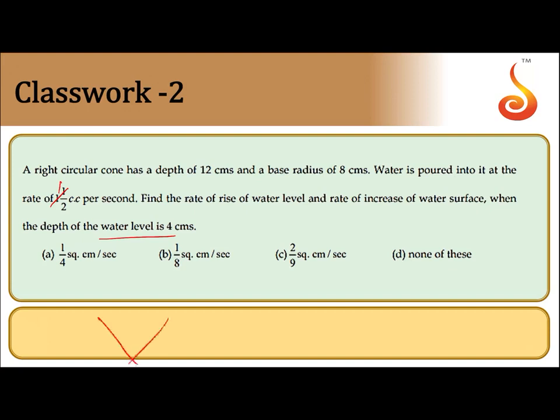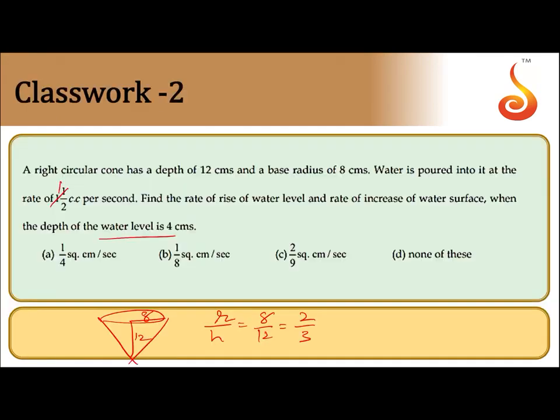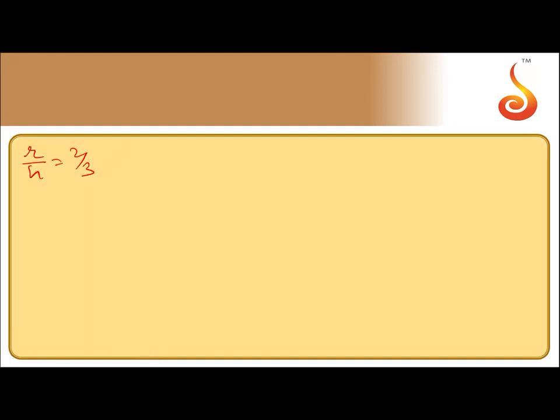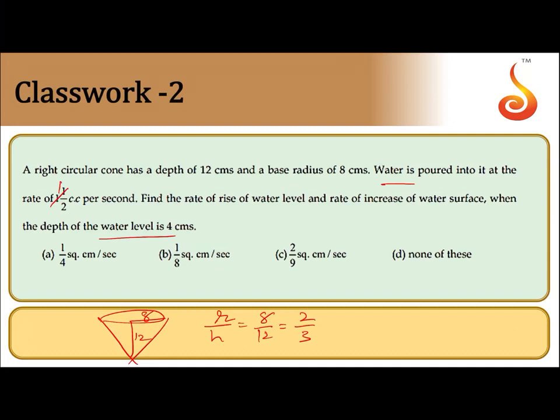A circular cone having a depth equal to 12 and the base radius 8. Therefore, R divided by H is equal to 8 by 12, 4 2s, 4 3s. So your first given data, R by H is equal to 2 by 3. At the same time, you are given that water is poured into it half cc per second, dV by dt is equal to half.